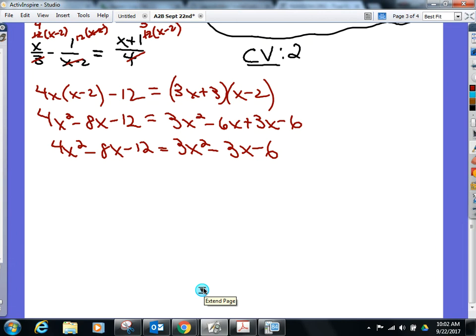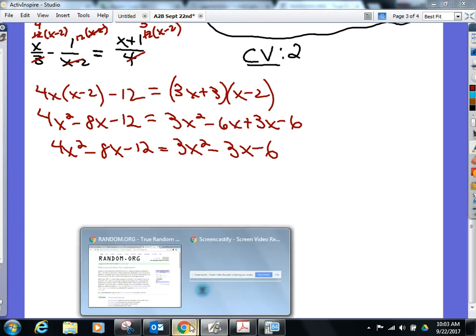We're not copying what I have up there. Are we all up to this point? Because now I have to ask what happens next. Again, I just distributed the 4x minus 12, foiled here, combined my like terms. That's where I am.